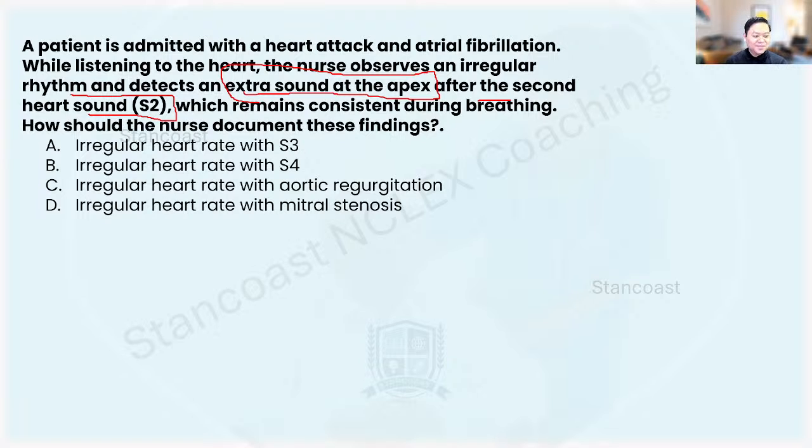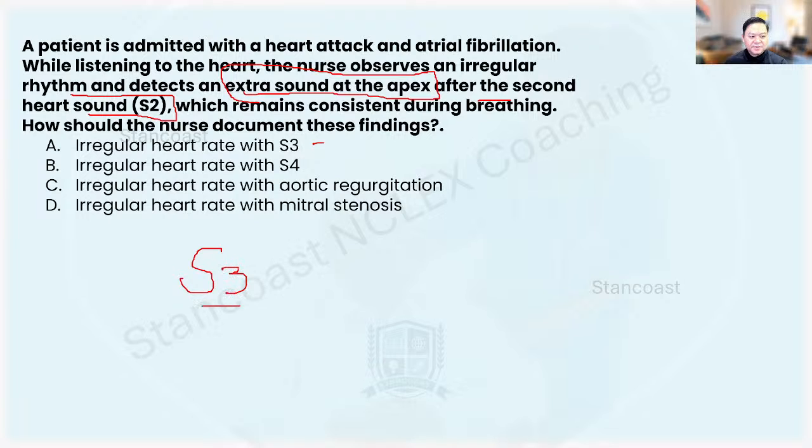Yeah. So I'm seeing answers here. Letter A. All right, wonderful. So let's take a look into option A, irregular heart rate with S3. Well, the S3 sound, let me write it down here.